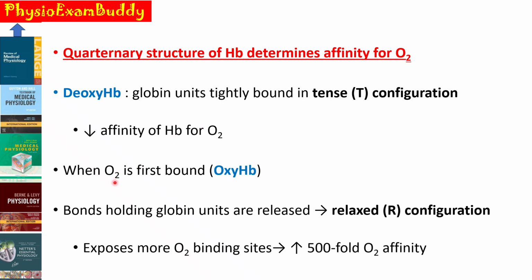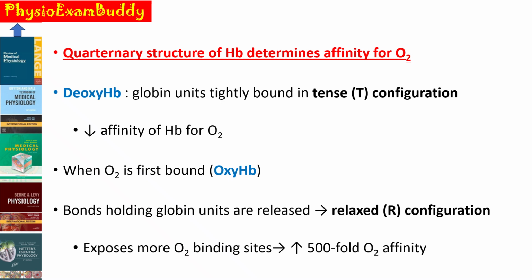But when the first oxygen is bound, it is converted into oxyhemoglobin. So the bonds holding the globin units will be released, producing a relaxed or R configuration, which will expose more and more of the oxygen binding sites. So the net result is a 500-fold increase in the oxygen affinity.